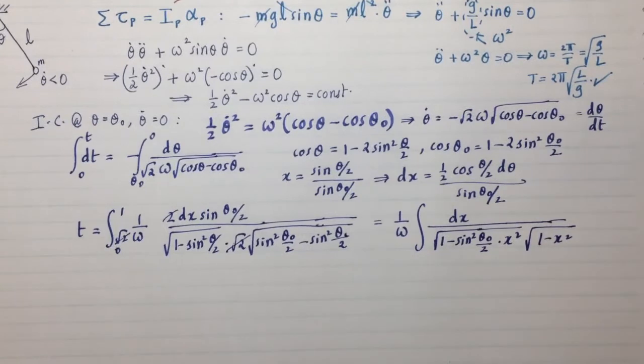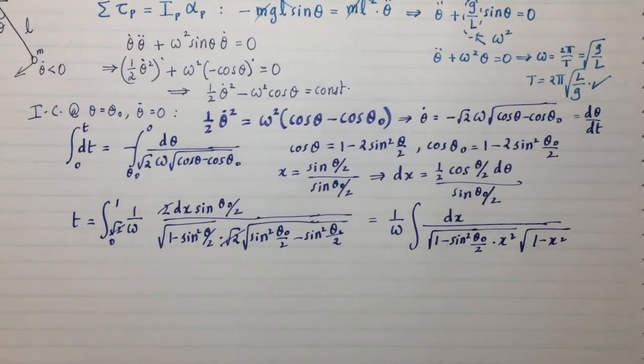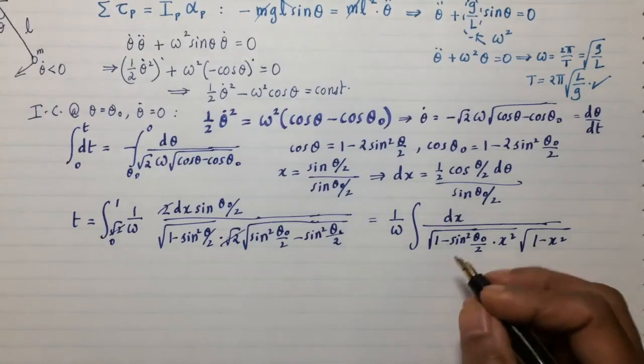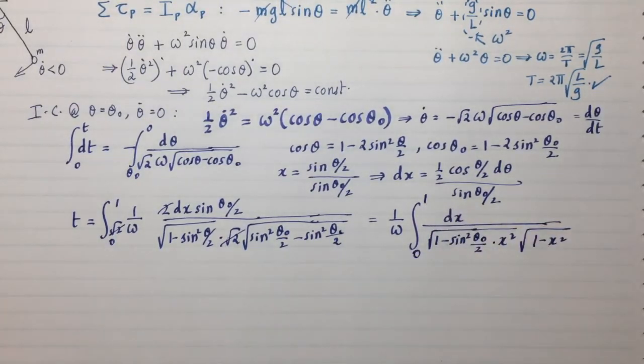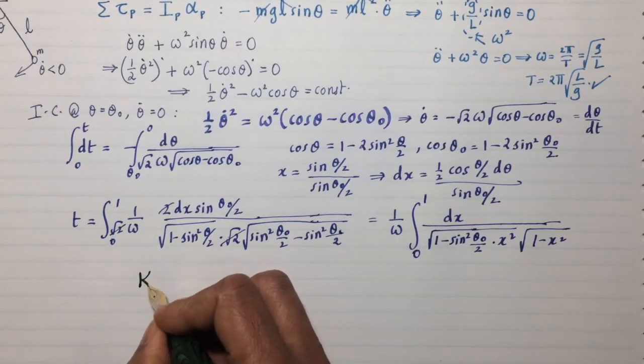Well, the advantage in writing it like this is that it is actually a very famous integral known as the elliptic integral. Elliptic integrals play a big role in mathematics. The elliptic integral I'm referring to is known as K of u.